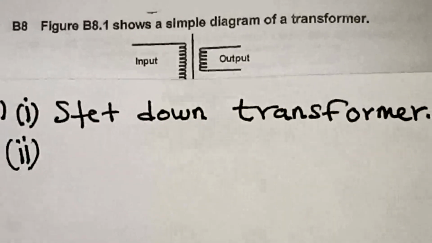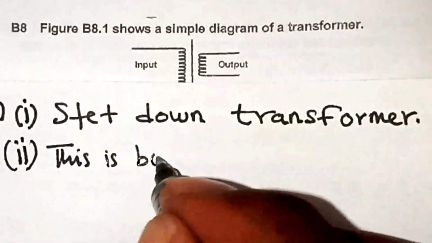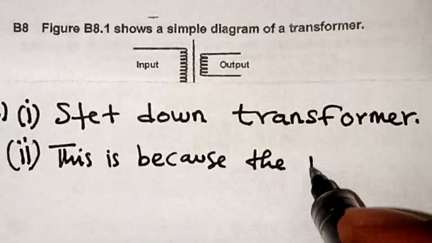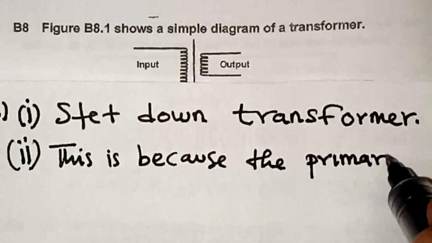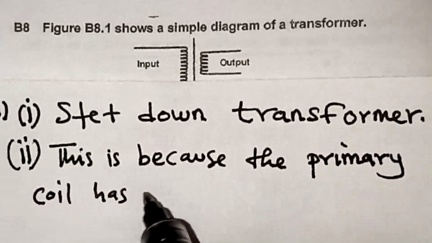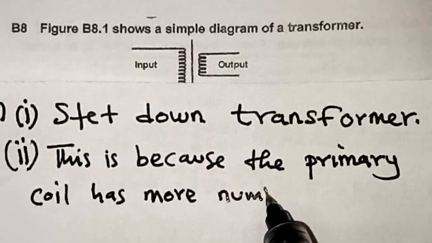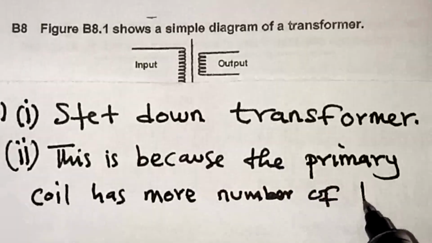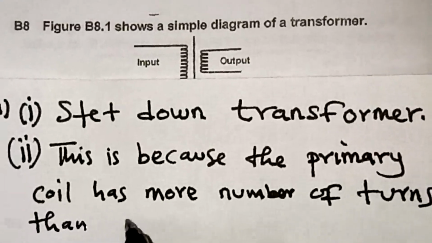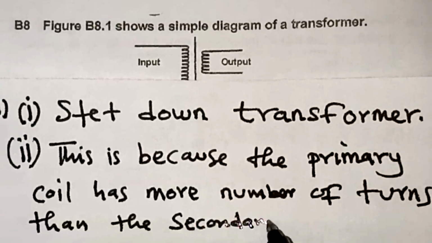So you say this is because the primary coil has more number of turns than the secondary coil.